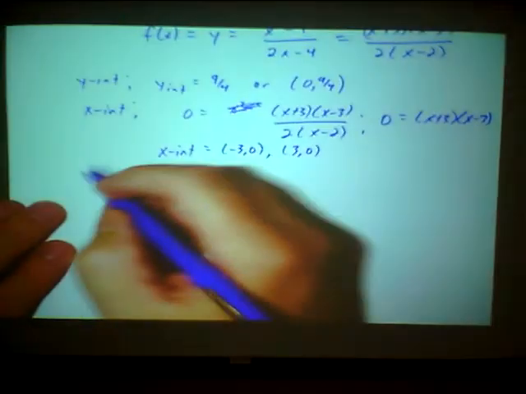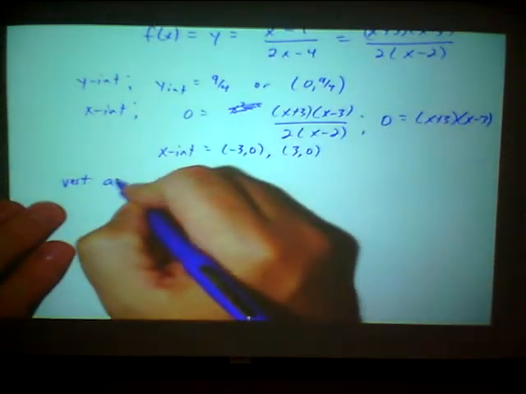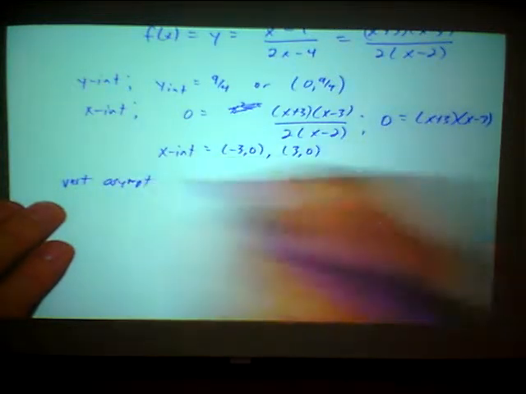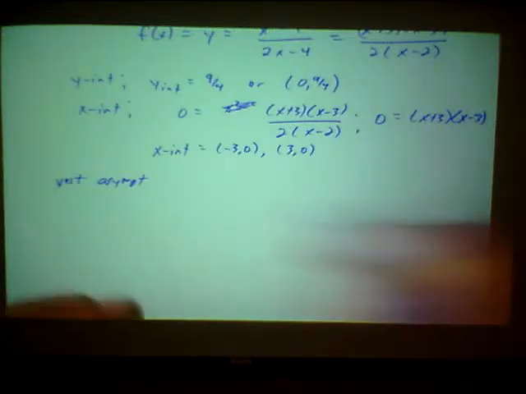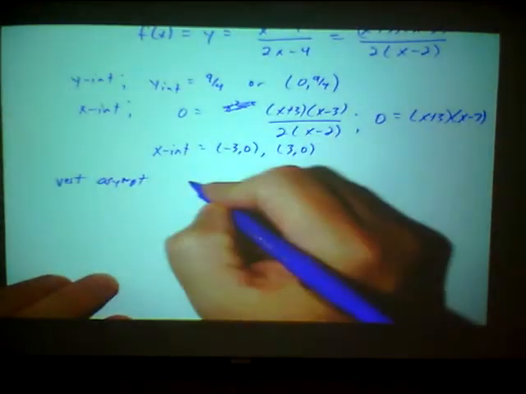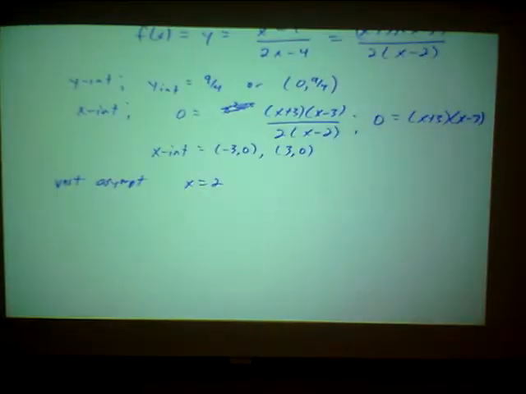Now let's look at asymptotes. First, vertical asymptotes. We just look at the denominator and decide what value of x would cause the denominator to be 0. Looks like x equals 2 would be a vertical asymptote.